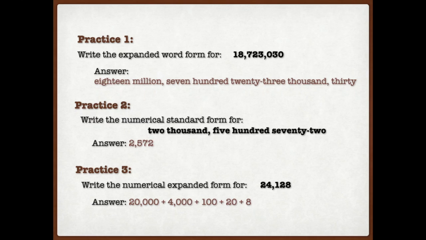So I'm focusing on 20,000. I'm going to write 20,000 plus 4,000 plus 100 plus 20 plus 8. Now, if there was a 0 in there, I would not be writing a place value for that one.